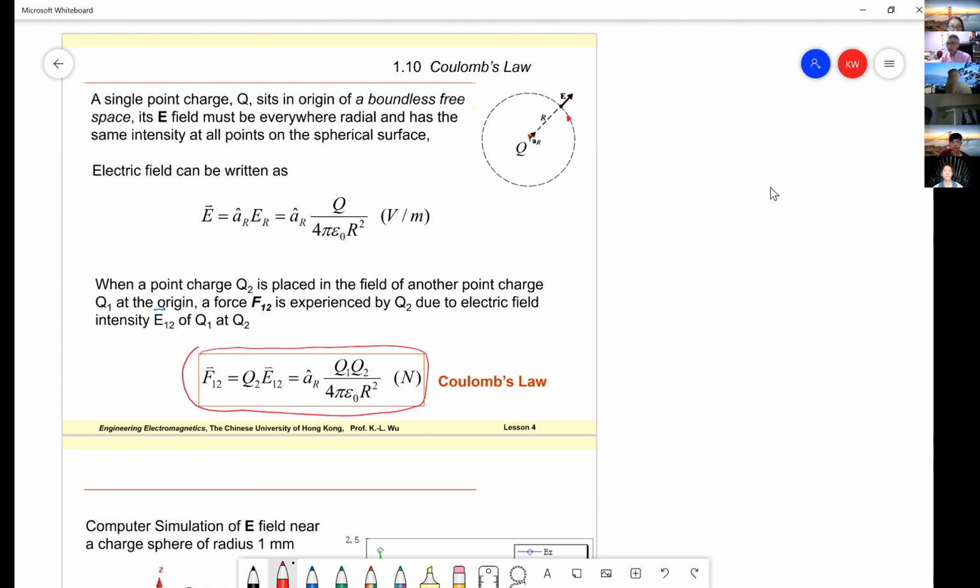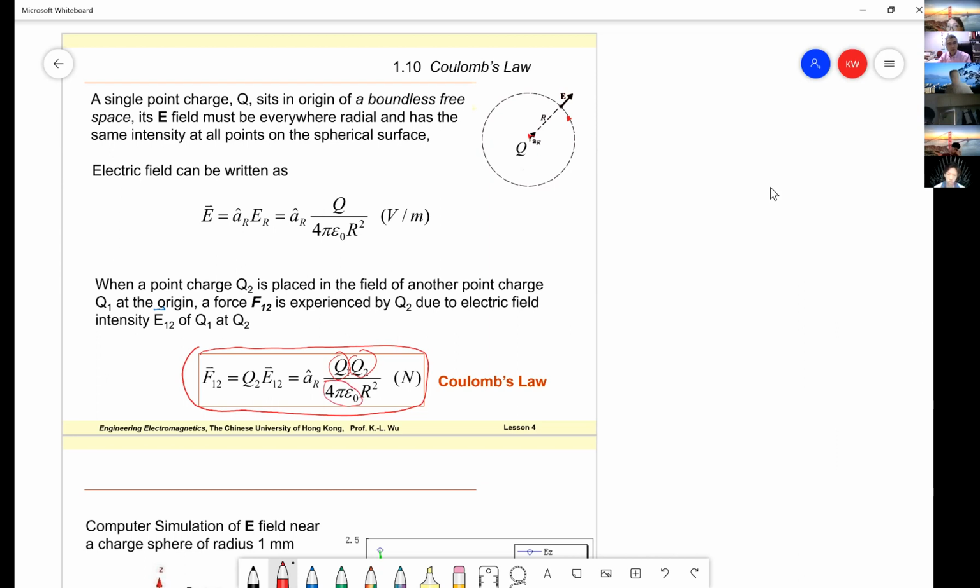We can measure that the force is proportional to the quantity of the charges, Q1 and Q2, with a certain constant we can define.